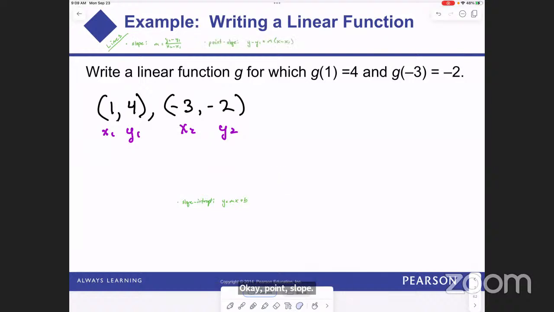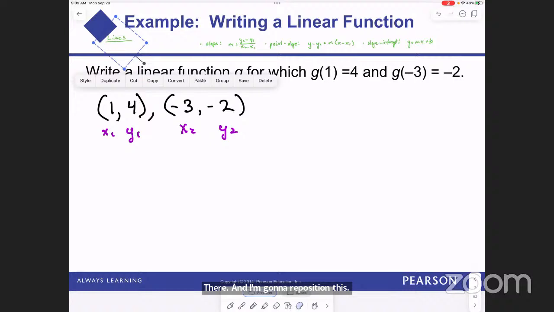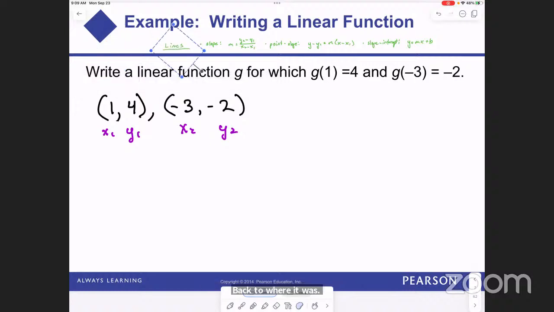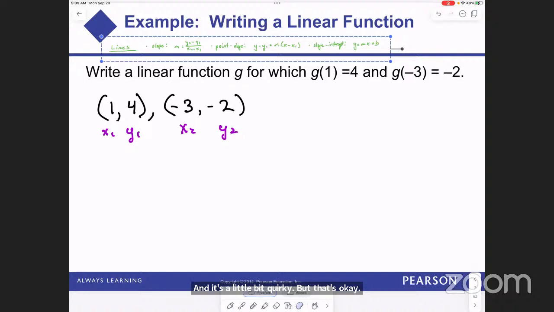I know it's a little bit small, but like I said, I'm just trying to use it as a reference. So you should know this already. And I can expand it a little bit. And I'm going to reposition this back to where it was. We'll put it there, something like that. And then, I know it's a little bit crooked, but that's okay. Now we can expand it.